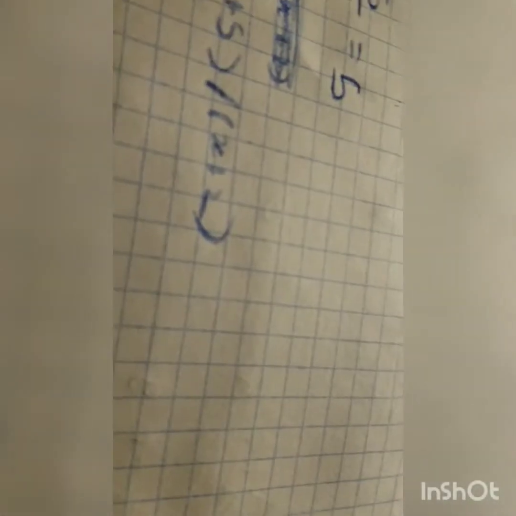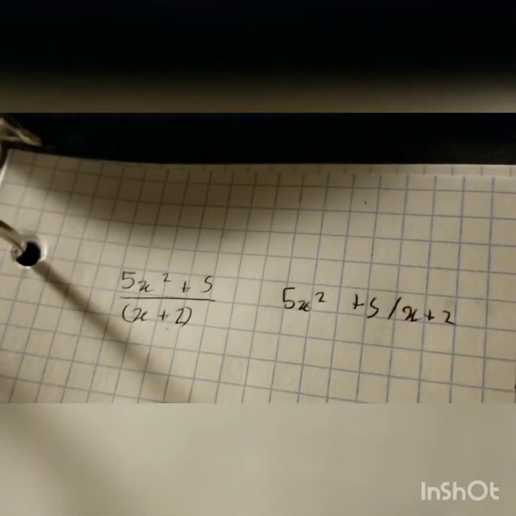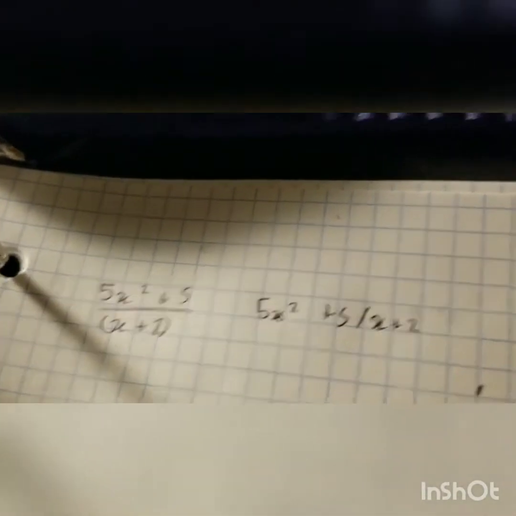We're going to do synthetic division, because synthetic division is our buddy. To find an oblique asymptote, you go 5x squared plus 5 divided by x plus 2.